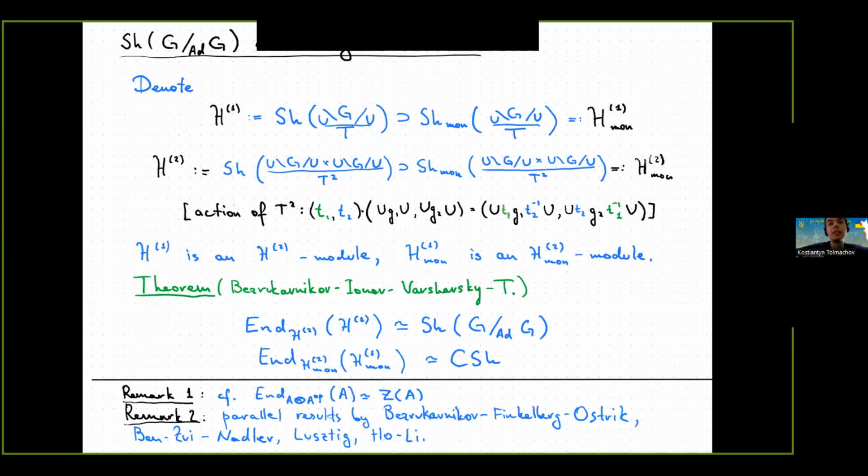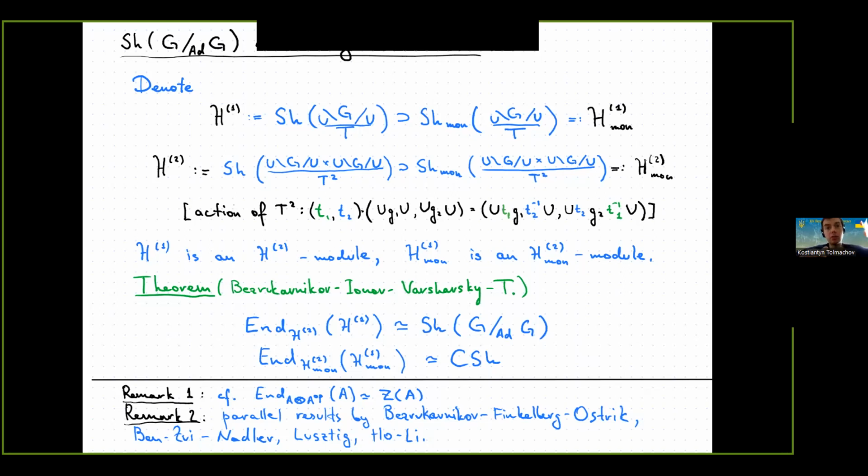Another category I denote H2 is a square of this category with the action of the torus twisted in some way, described on this slide. I will not go into much detail for the lack of time. So this equivariant Hecke category is a module over this category H2.